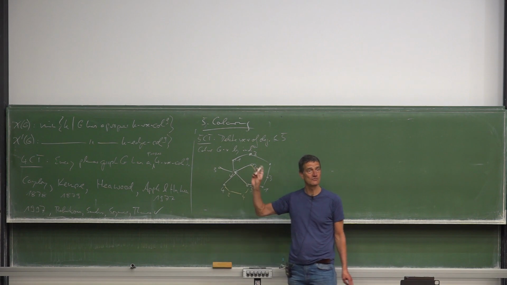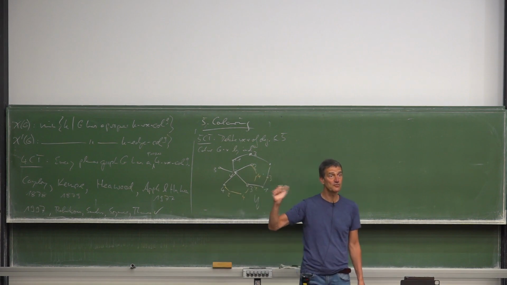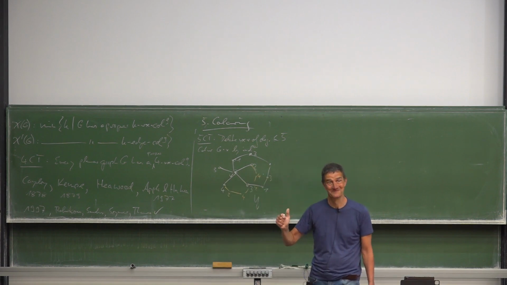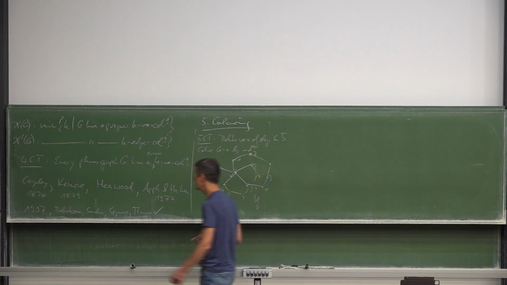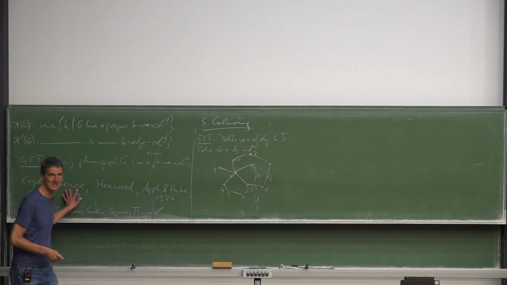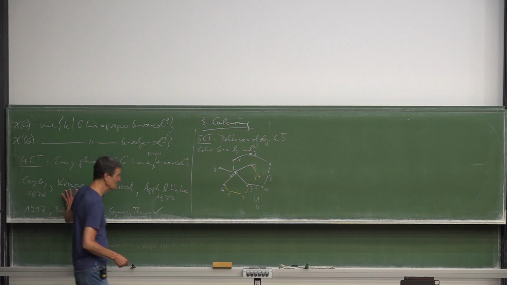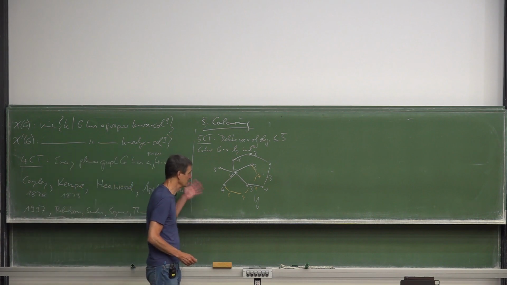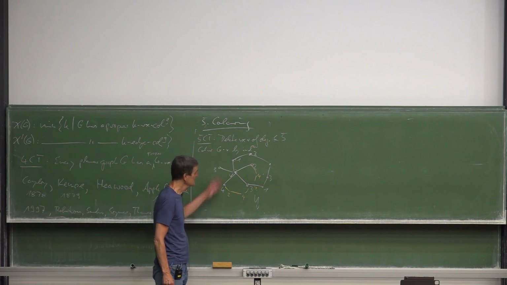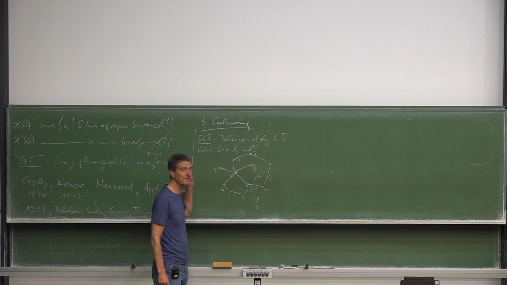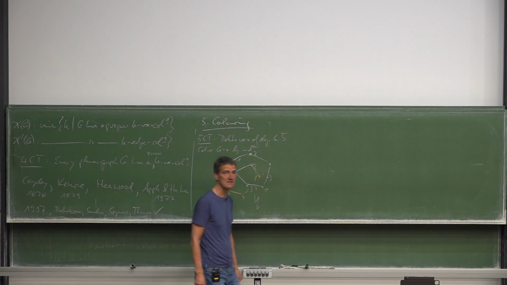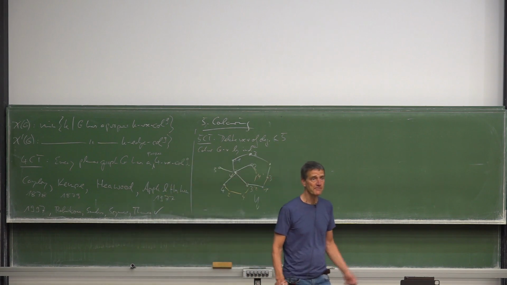So let's redo the same proof for the 4-color theorem. And this must have been something like what Kempe did. I didn't read up on it, so I don't know what exactly he did. But let's try and prove the 4-color theorem in this same way. So we find a vertex of degree at most 5.